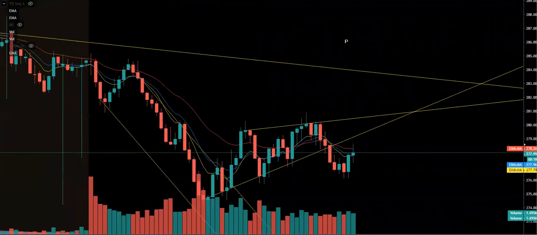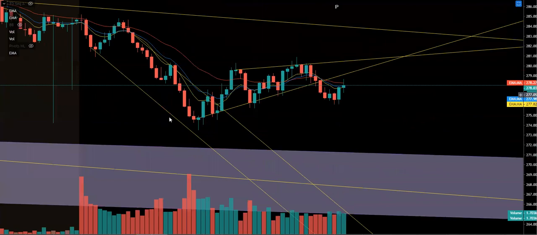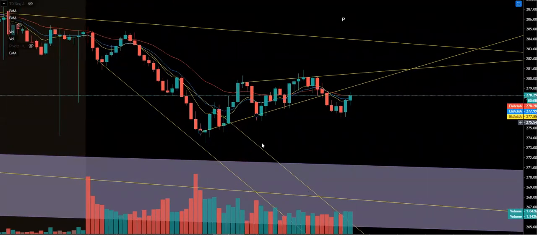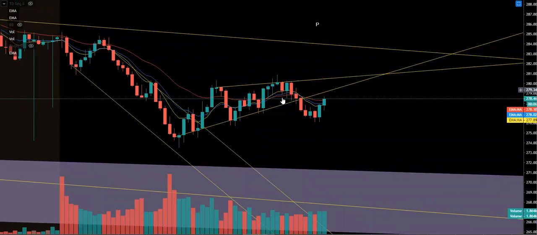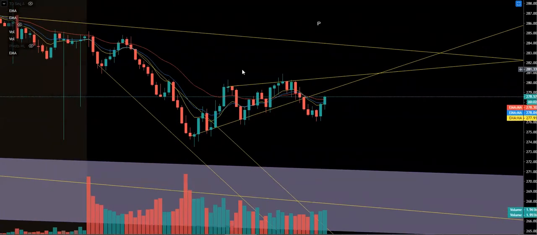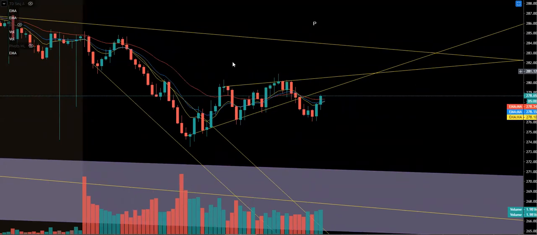I want to pay attention to developing patterns, see if I'm good with my pattern recognition, and see if I'm able to pinpoint pattern development so that I can gain experience ever so slowly every single day.